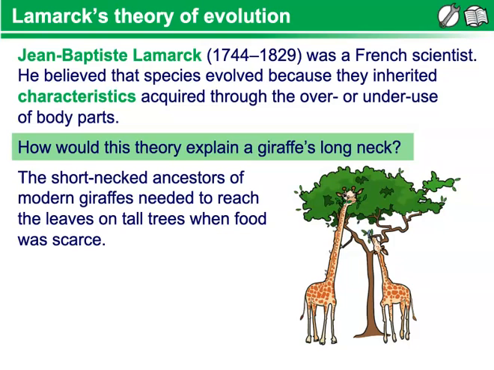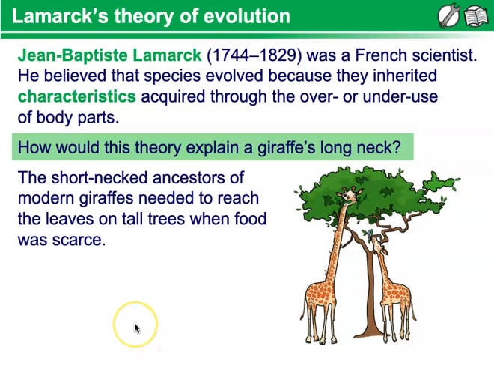Jean-Baptiste Lamarck was also another individual that studied change in organisms over time. He was a French scientist. He believed that species evolved because they inherited characteristics acquired through the over or underuse of body parts. So how would this theory explain a giraffe's long neck?